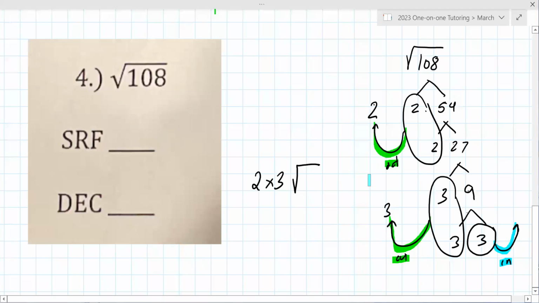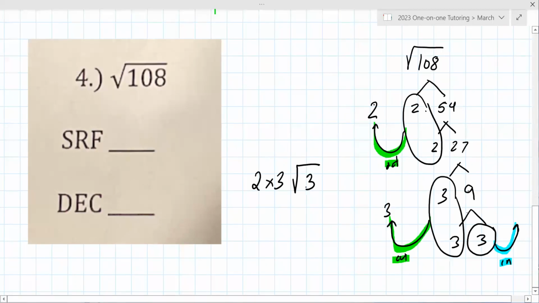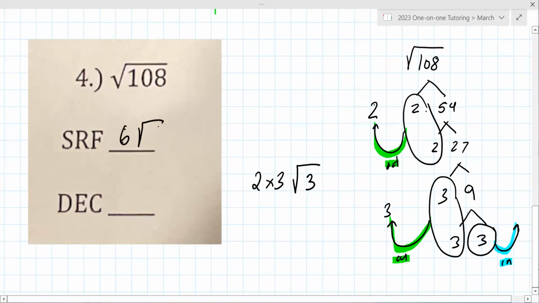What number is in? 3. It's 3, yes. So when I ask you what goes under the square root, or goes inside, I want you to say 3. So 2 times the 3 on the outside becomes 6 square root of 3.